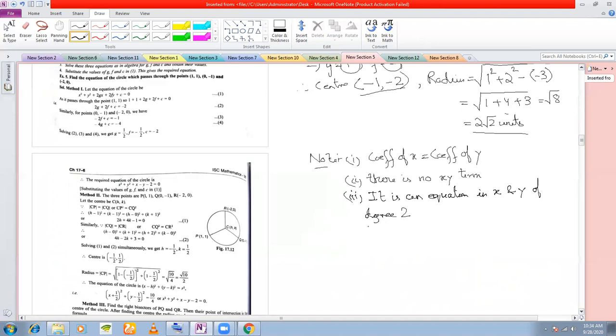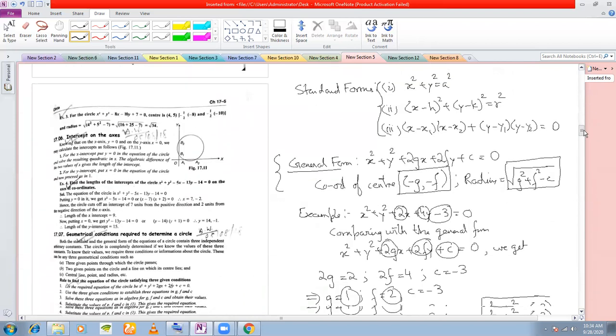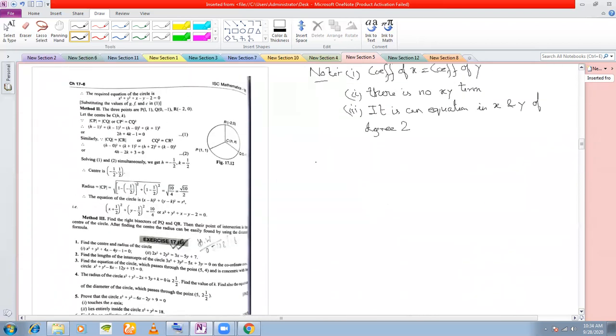Now my question here is, before I proceed, suppose I give you an equation of this form. Example number 2: 4x square plus 4y square plus 32x plus 16y plus 48 is equal to 0.